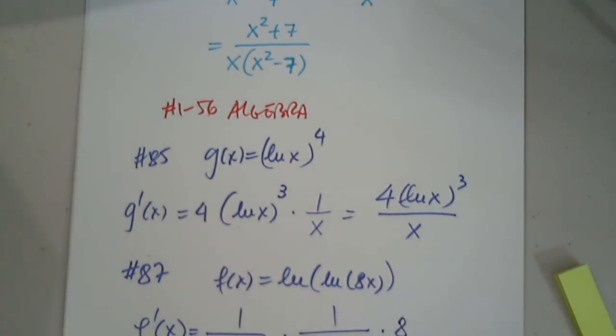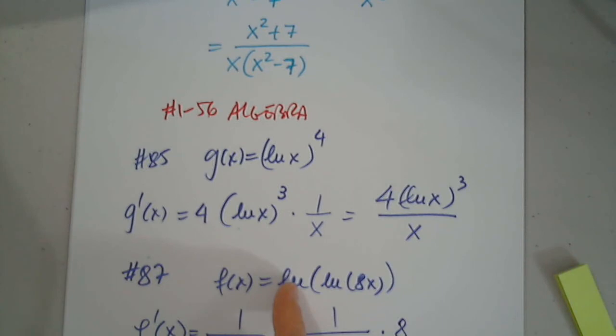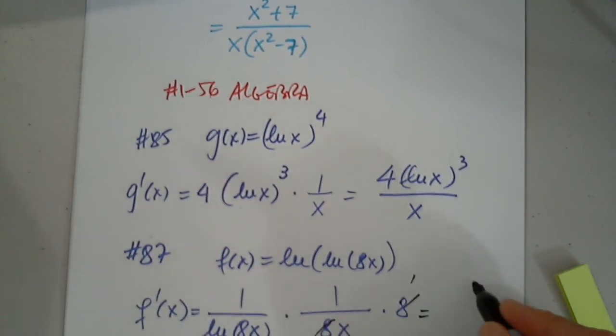So this is the outer function, the inner function, the innermost function. I differentiate this, then I differentiate this, then I differentiate this, and all of them have to have product. So, of course, I will simplify, get 1, and I have 1.